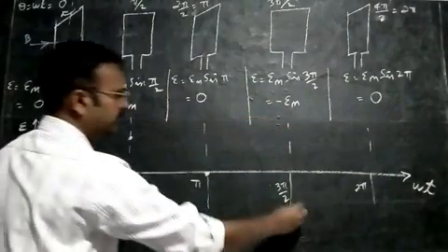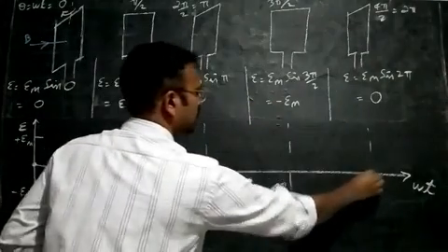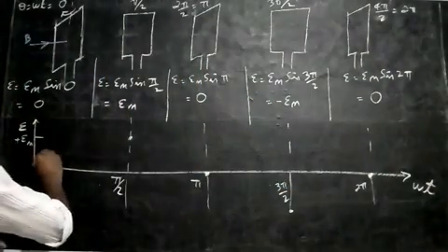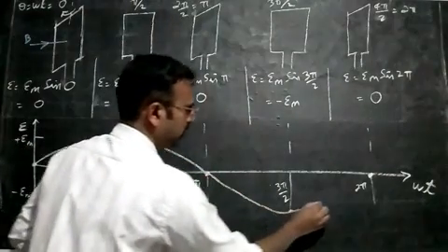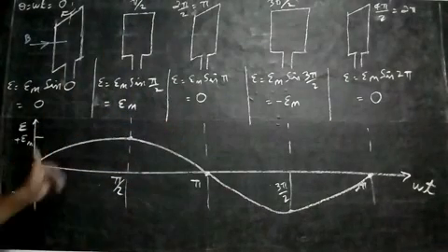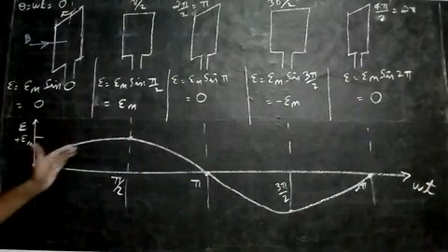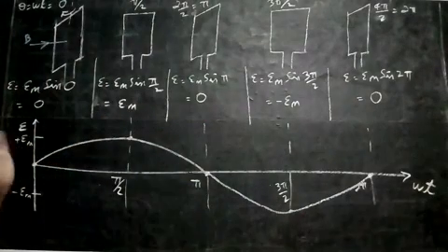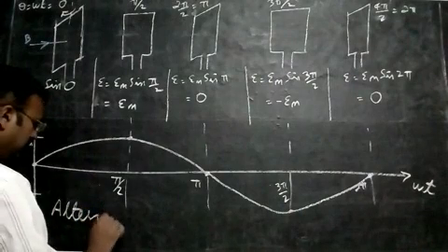The fourth we got minus EM, that will be here. The fifth we got 0. If you join the points, we get a curve, a wave like this way. This is a sinusoidal curve, a sine wave. So the EMF varies sinusoidally, and the current will also vary sinusoidally. That is an alternating current.